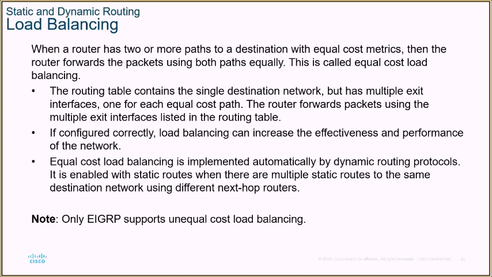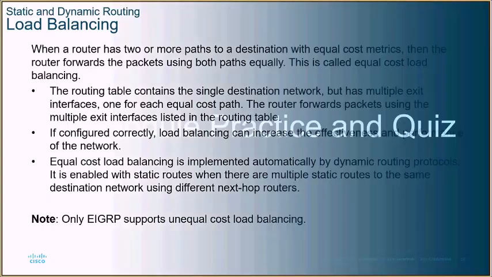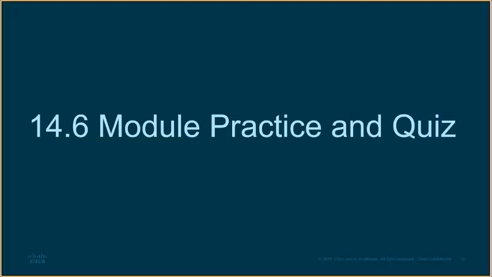If configured correctly, load balancing can increase the effectiveness and performance of the network. Equal cost load balancing is implemented automatically by dynamic routing protocols. It is enabled with static routes when there are multiple static routes to the same destination. Only EIGRP supports unequal cost load balancing, but you don't need to worry too much about that. Hallelujah.